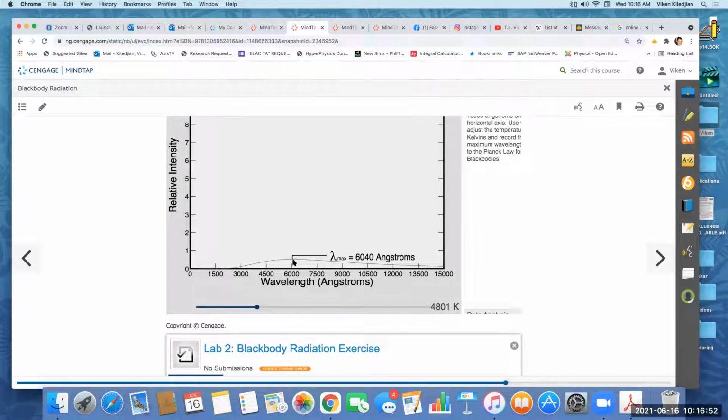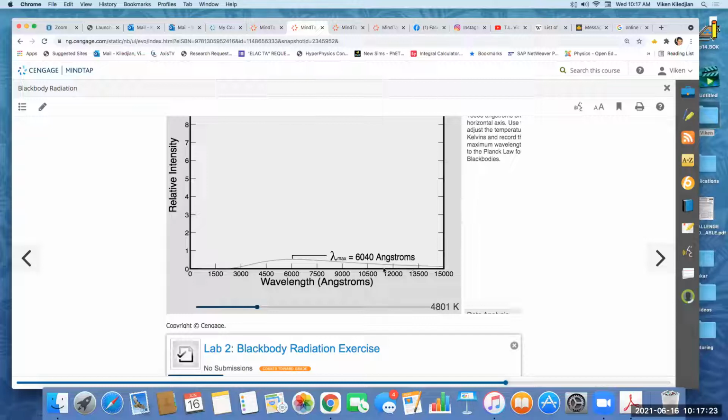Even though that star is still radiating in the other regions, you see, down to 1,500 or 3,000 angstroms, it's mostly radiating around that region, and specifically at the wavelength 6,040. And then it's also radiating in the longer regions too. That means that star will also radiate infrared waves and a little bit of radio waves.